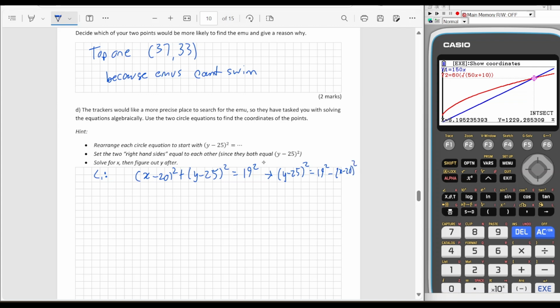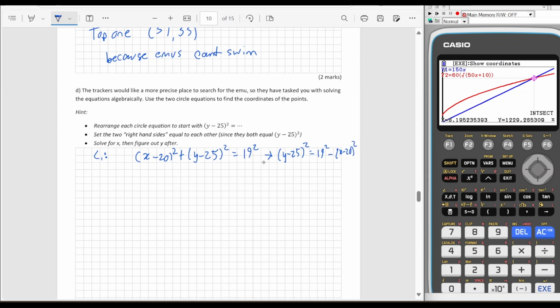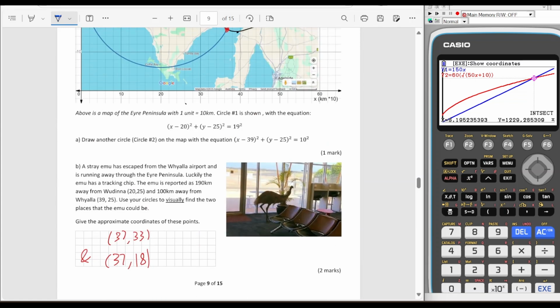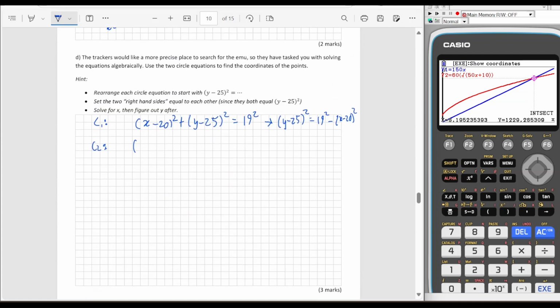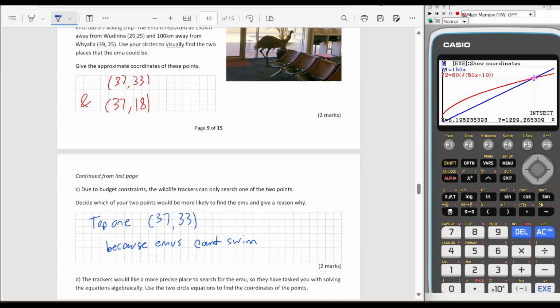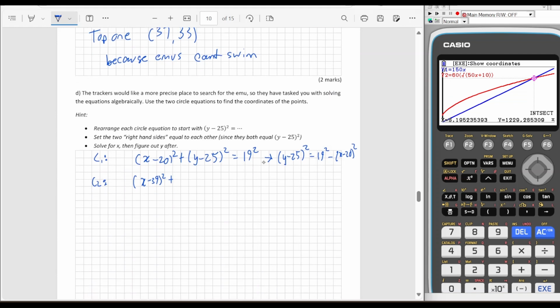That's a rearrangement: you take (x - 20) squared from both sides. With circle 2, that looks like (x - 39) squared plus (y - 25) squared equals 10 squared. We can rearrange this to (y - 25) squared is 10 squared minus (x - 39) squared.